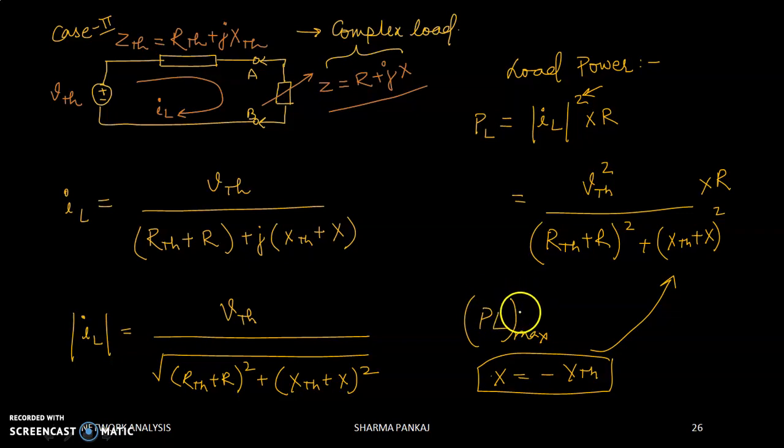To make this denominator as small as possible, we have selected X is equal to minus XTH. I will conclude later on why we have chosen this.